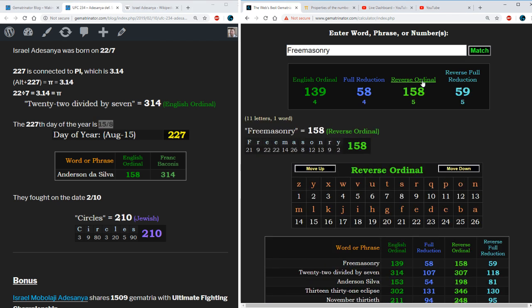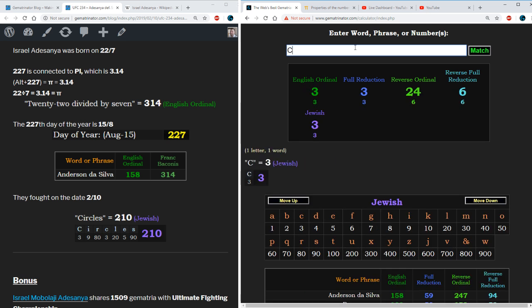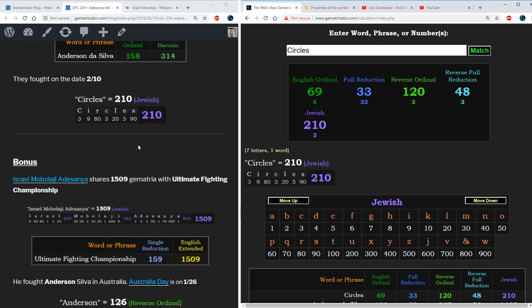Of course, Freemasonry has this 158, very significant number. The name Anderson da Silva in the alphabetic order equals 158, again, tied to the number 227. And then to cap it off, they fought on the date February 10th, written 2/10. The word circles, summing to 210 in Jewish Gematria.